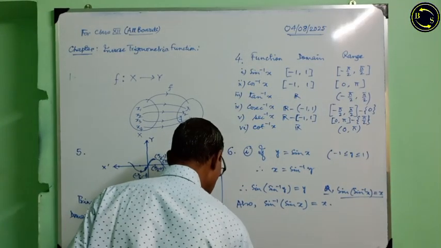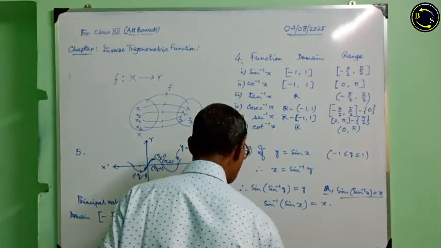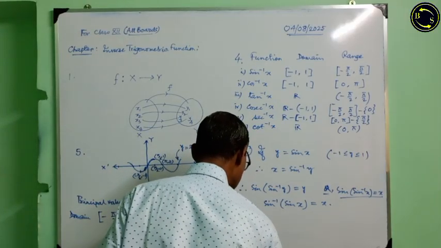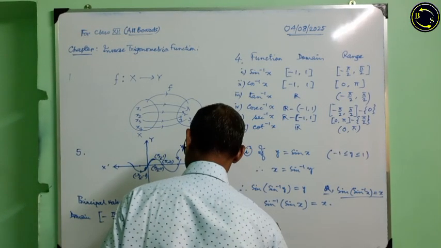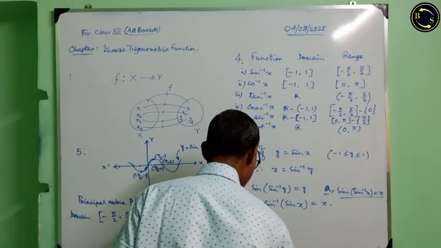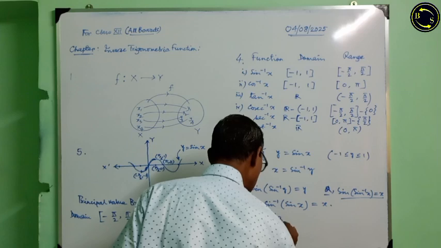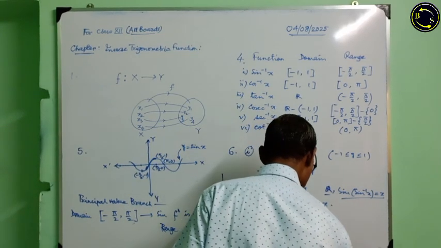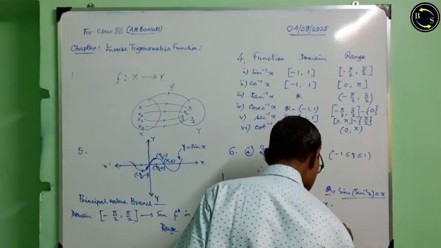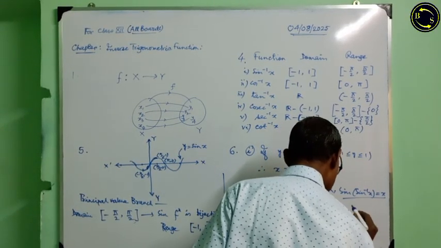Similarly, we can write for the cosine function: cos of cos inverse x equal to x, cos inverse of cos x equal to x.